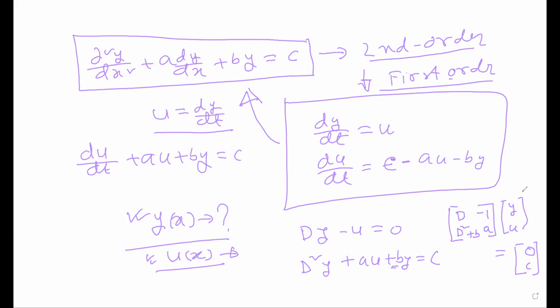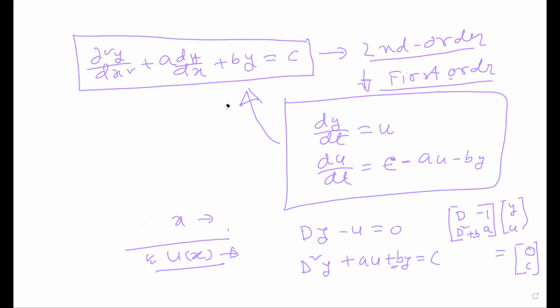Yes, sir. Okay, if it is in the matrix form, can you solve it for y? Yes, sir. How to do that? Your y would be equal to, we will have a determinant there.